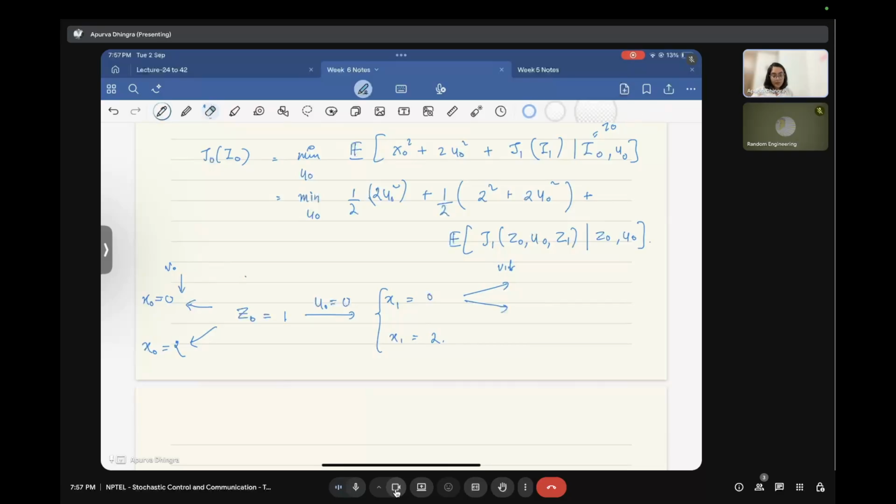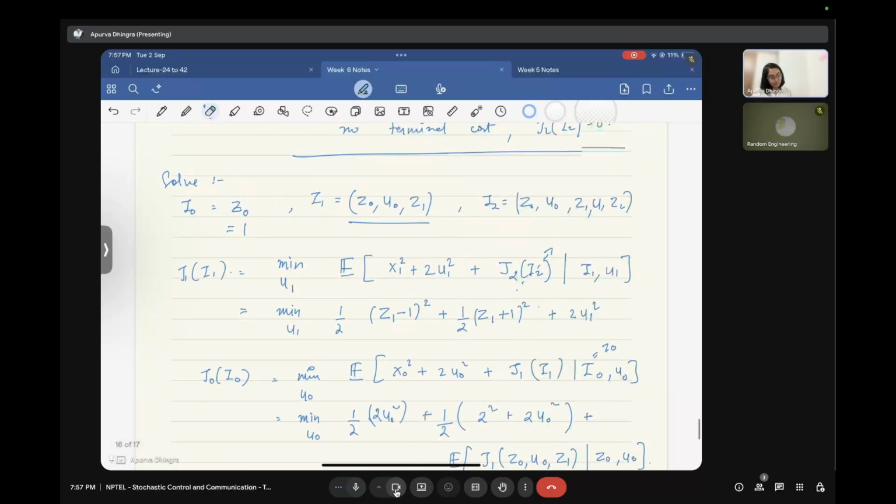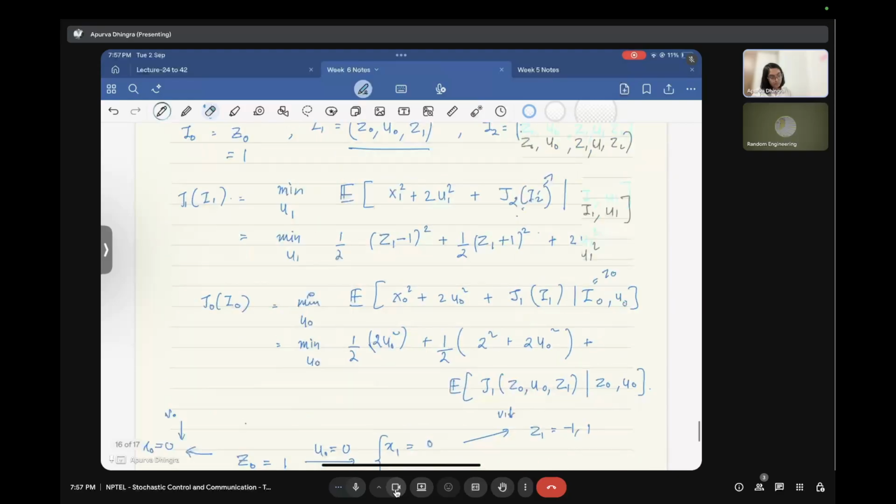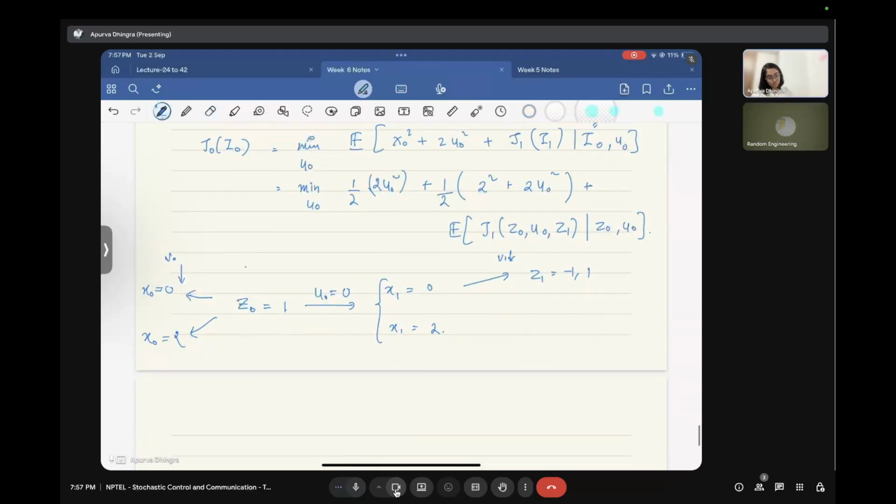So the possibilities are these values of Z. Z1 could be -1 or 1. Both of them are with equal probability.